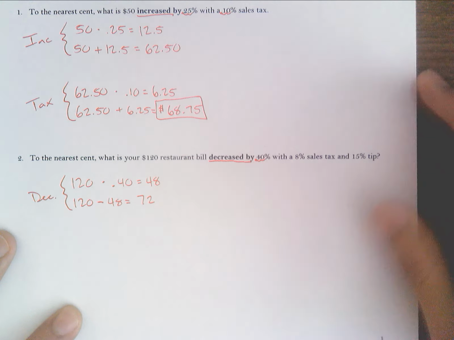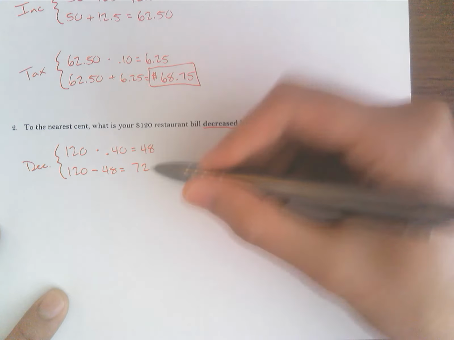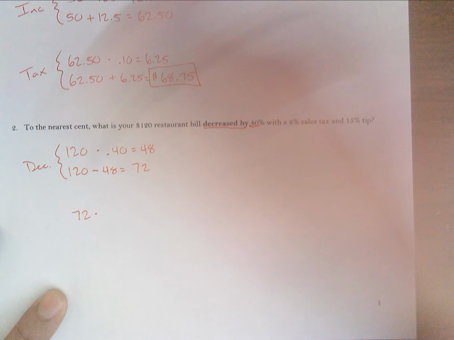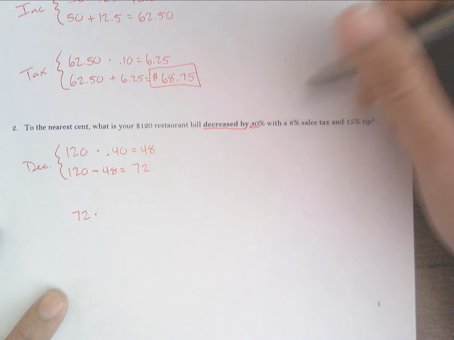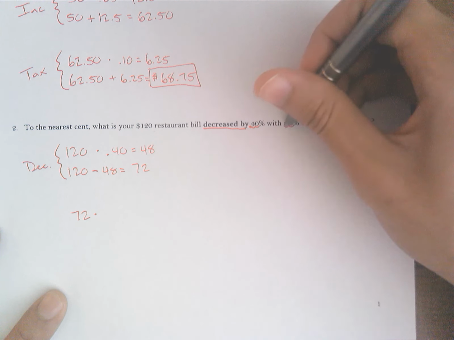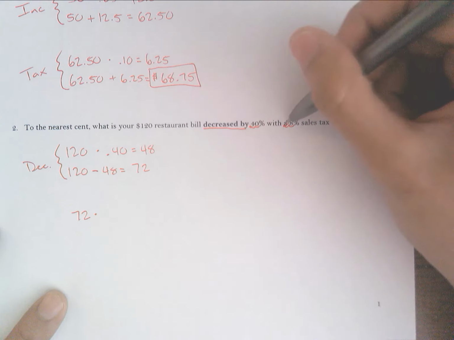Now we want to calculate the sales tax. It's got an 8% sales tax. So we're going to take the number we ended up with, 72, and multiply it by our sales tax. Our sales tax is 8%. As a decimal, let's move that decimal place over, and we have to use a 0 as a placeholder. So we have 0.08.